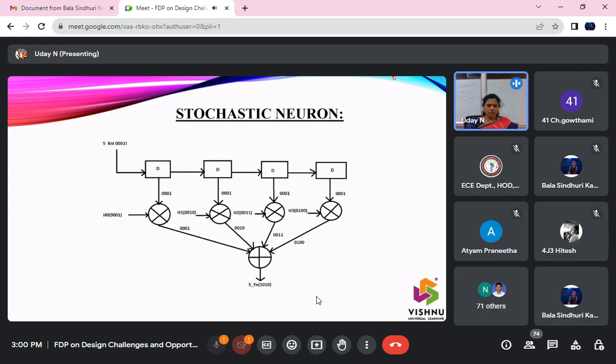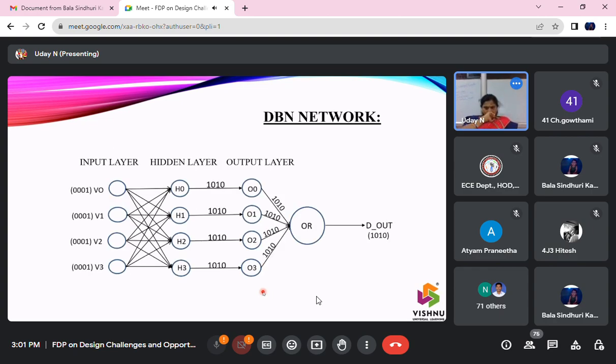The same thing we now implemented using a stochastic neuron. Initially, the input is given to each of the multiplier units through delay elements, and stochastic multiplication and stochastic addition are done to get an output of 1010 for the same inputs with the same weights. So this is how the stochastic computation gives the same result.